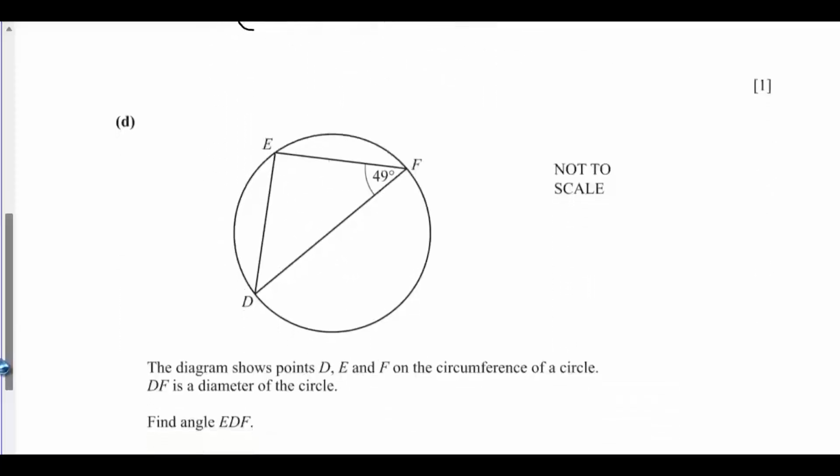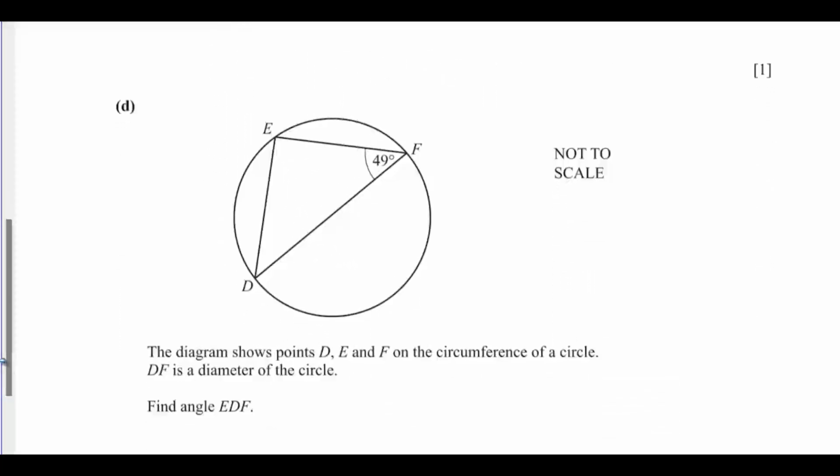Part D, the diagram shows points D, E, and F on the circumference of a circle. DF is a diameter of the circle. Find angle EDF. So we need to find this angle.